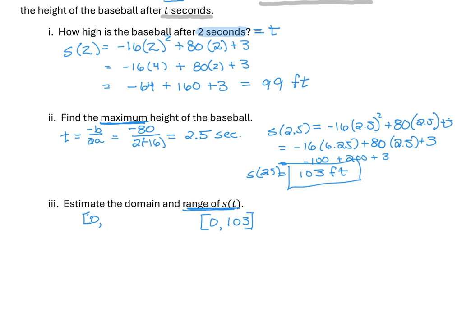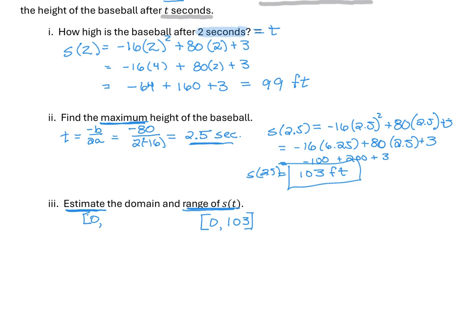Okay, and then because it does say estimate, there's a couple things that we can do. The first thing that we can do is the cheap way, or the sneaky way, of doing this: I'm going to go ahead and double my 2.5.